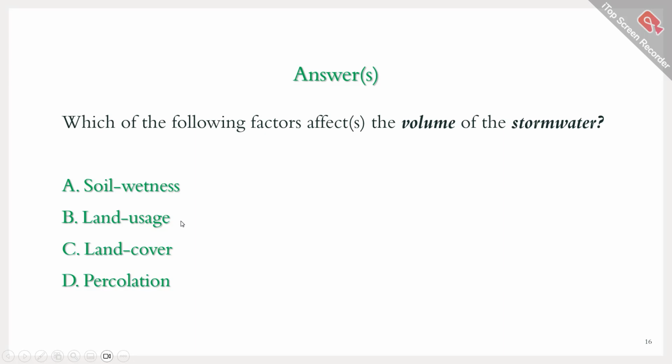Paved area will contribute more. For land cover, unpaved area will contribute a lesser amount of stormwater. And percolation: if more water is percolating into groundwater recharge, then the volume of the stormwater will be less. So all the factors affect the volume of the stormwater.